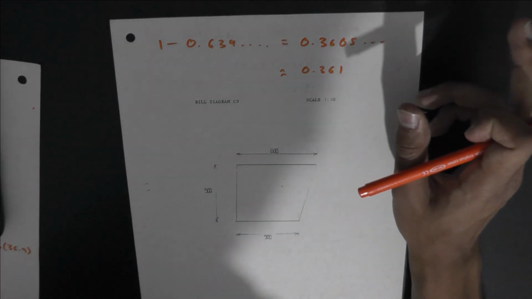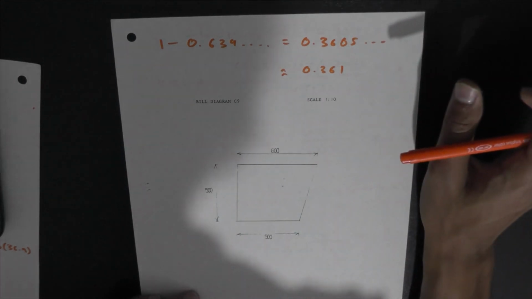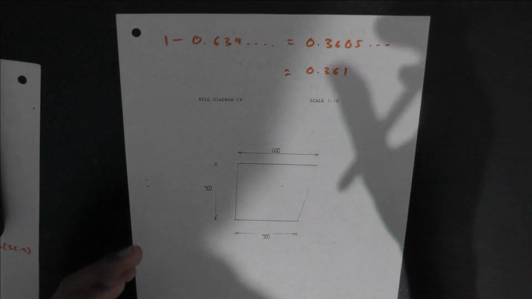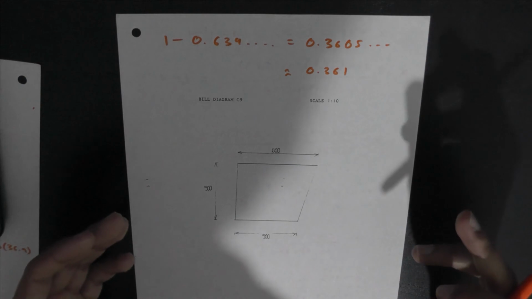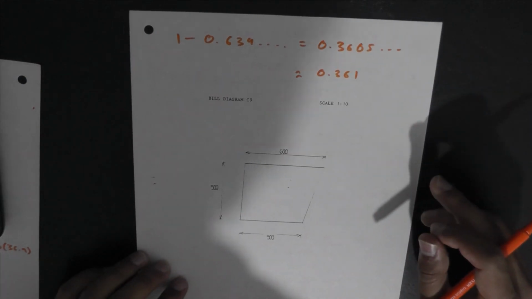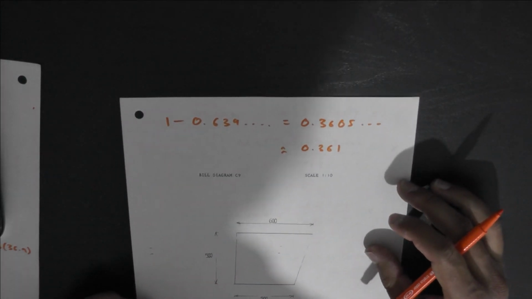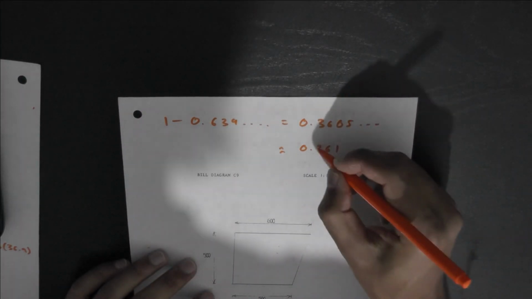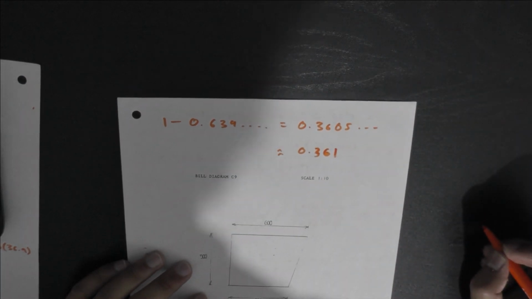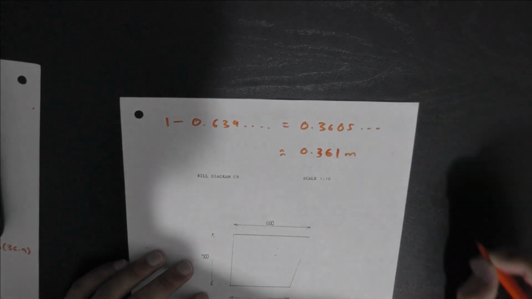I mean, we could have even got carried away with resolving upwards and figuring out things in terms of mg and stuff we didn't know. But by looking at all the pieces of evidence that we have and trying to figure out a simple relationship, it has led us to an easy and nice concise solution. 0.361 meters is the closest distance.